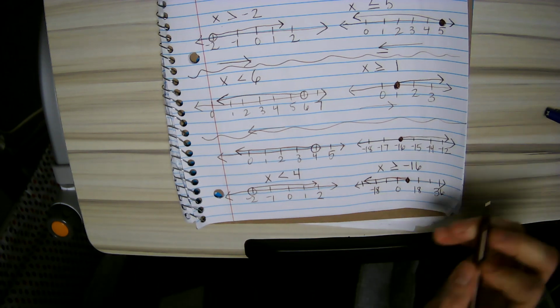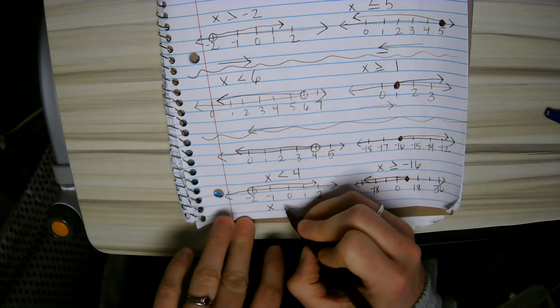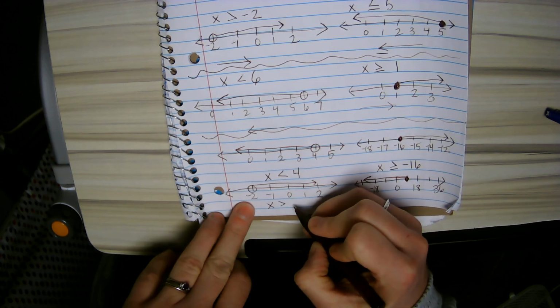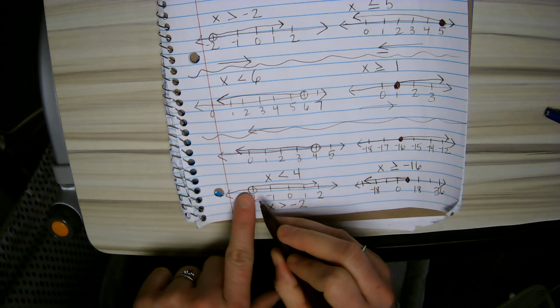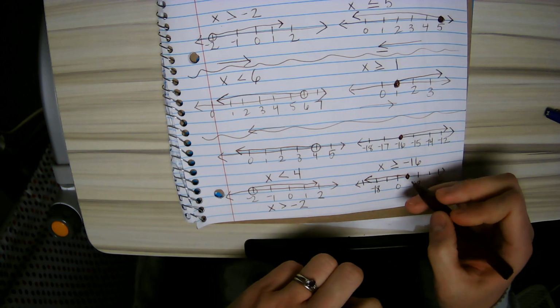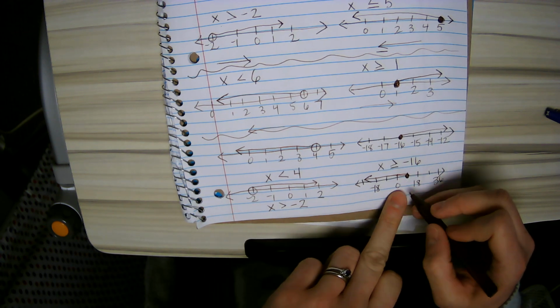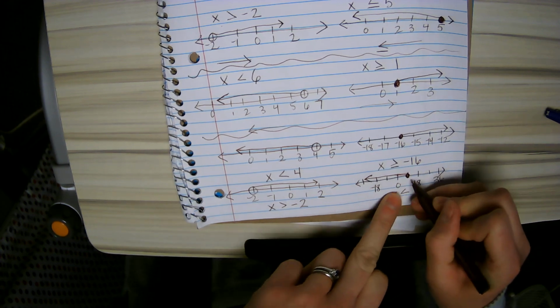Okay. Now look, we're going to call it x, right? We're going to use that symbol, and we're going to label the number -2. Now, it cannot be equal to because it's open, so that's how it is. Then we're going to call it x. Going to use that symbol. We're going to figure out what that number is.